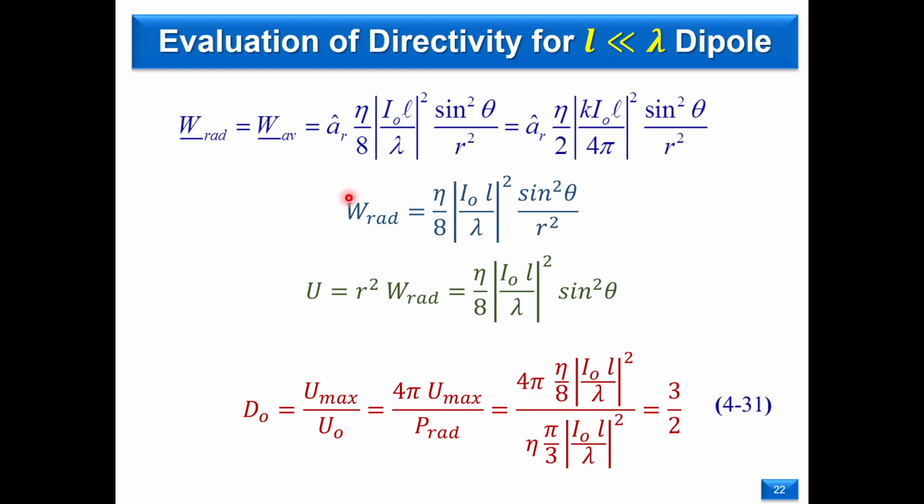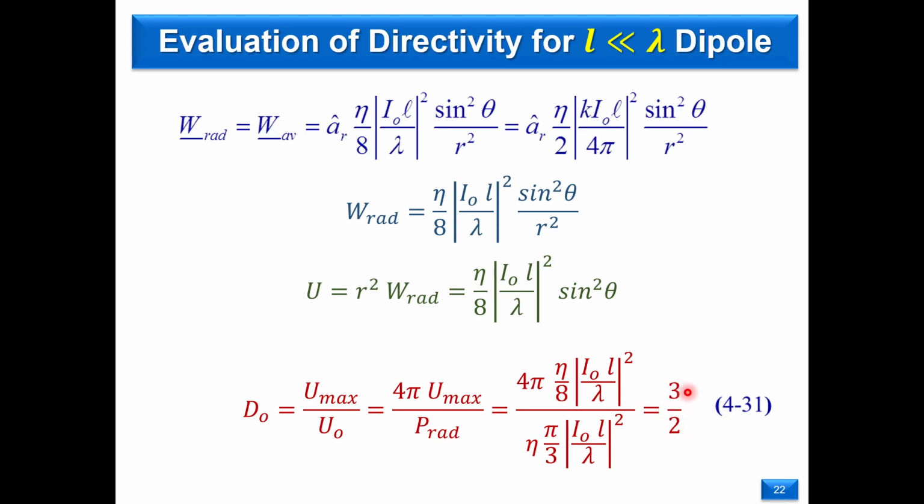So doing that, the radiated power, which is averaged over time, would have this expression. It has dependency on theta square, and the maximum is when theta square equals 1, and this happens when we have an expression like this, and we find that the ratio, the maximum, equals 3/2.